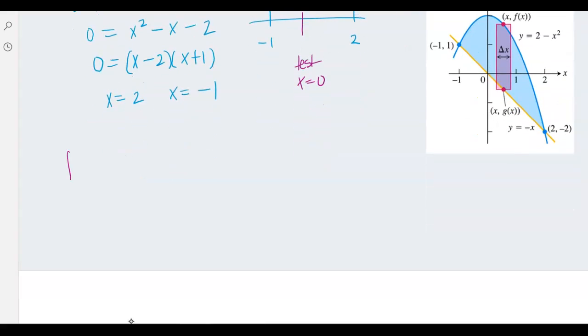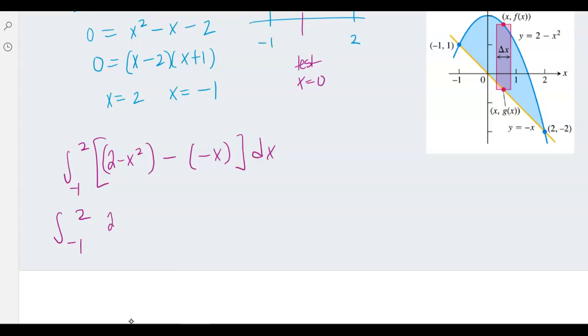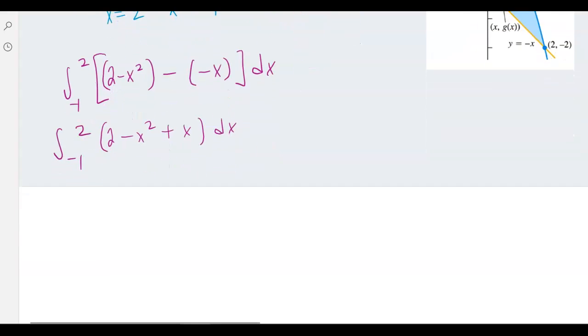So we're going to take the integral from -1 to 2 of 2 minus x squared minus a negative x, or 2 minus x squared plus x. All right.